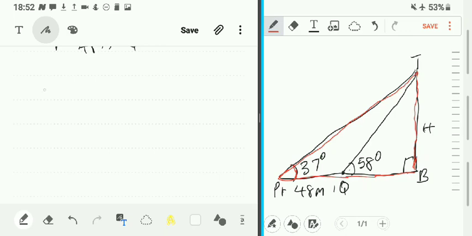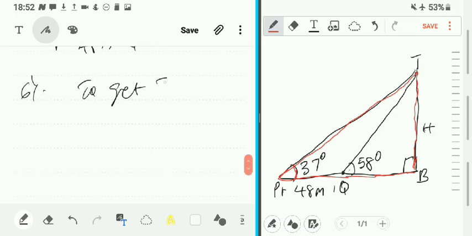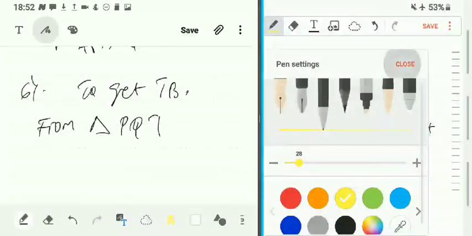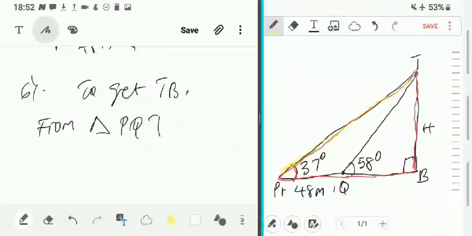So to get TB, from triangle PQT, where is triangle PQT? This one I've highlighted in yellow.